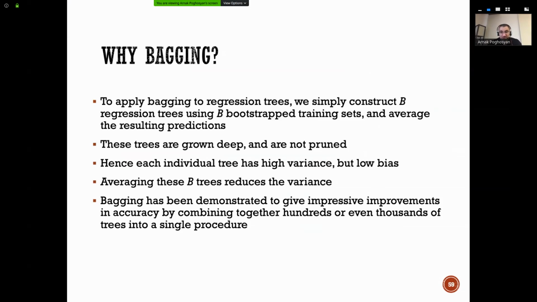Even when an individual tree has high variance, when you are averaging, you are decreasing this variance. Instead, when you are growing a very big tree, you have low bias, and this low bias will help you eventually, because we know that we were struggling against variance by this averaging process.